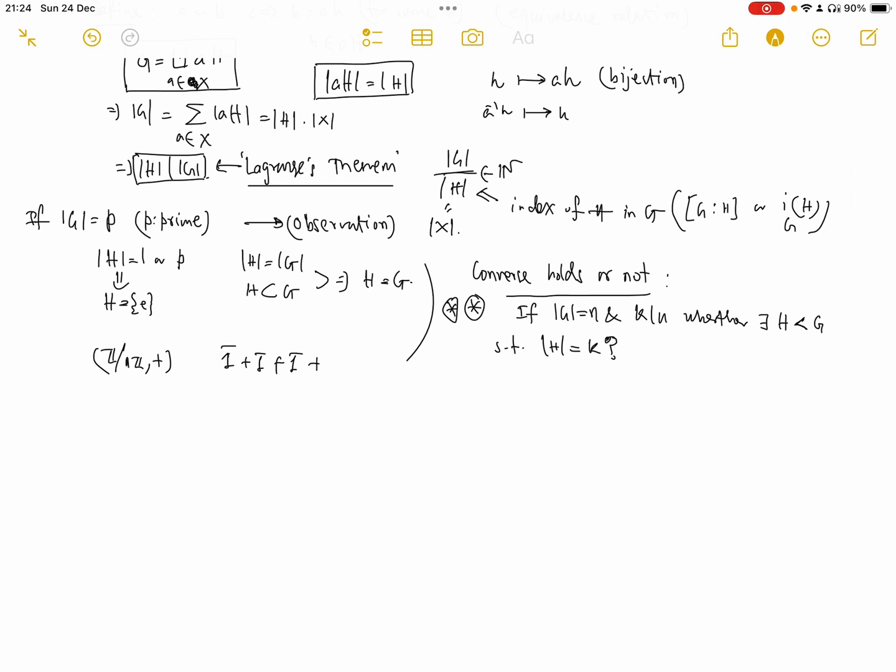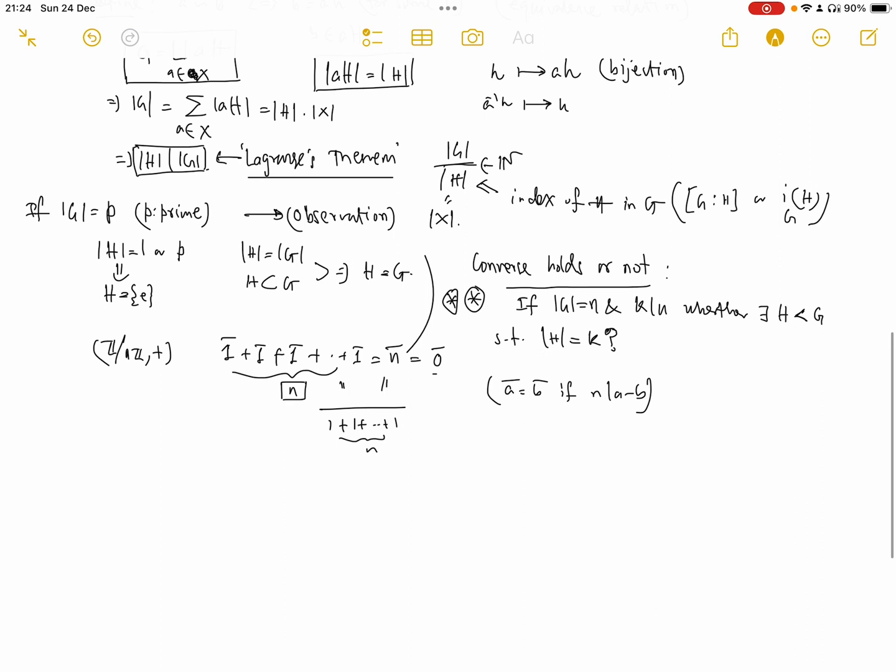You add it thrice, you get 3. If you add it n many times, you get n bar, right? But what is this? This is just the same as the class of 0, right? Because remember the way we defined it: A bar and B bar are the same if n divides A minus B. Here n divides n minus 0, so these two are the same. So we get the identity element back by adding the generator n many times.